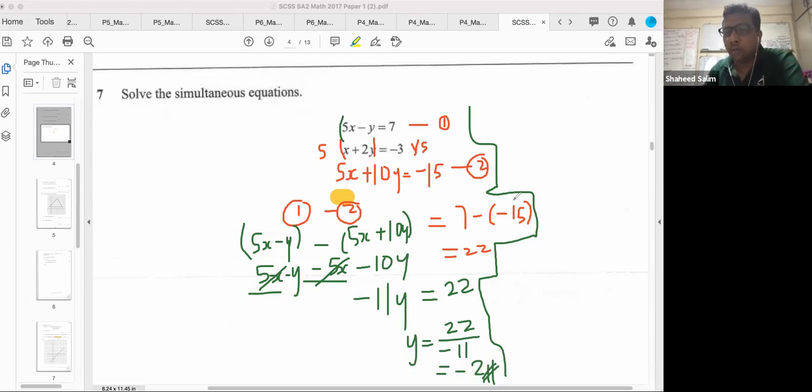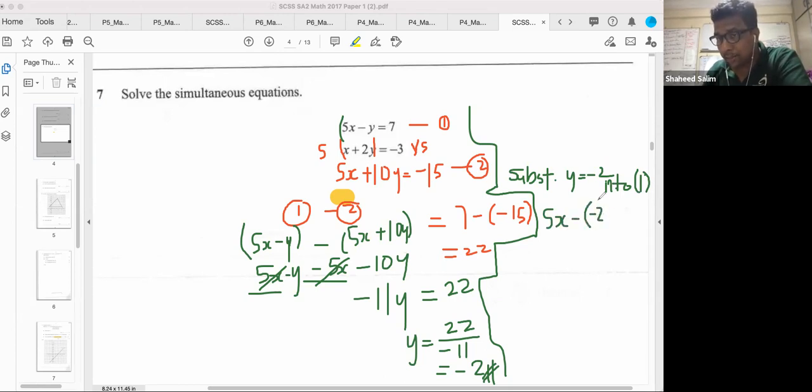Yes. Now we do the substitution. Substitute y equals negative 2 into what? Up to you, into 1 or into 2. So I put into 1. What do I get? 5x, I still don't know 5x. Minus y, I know what y is, right?